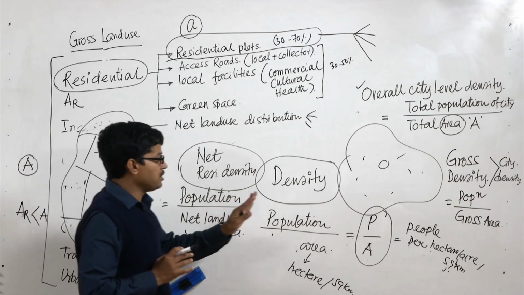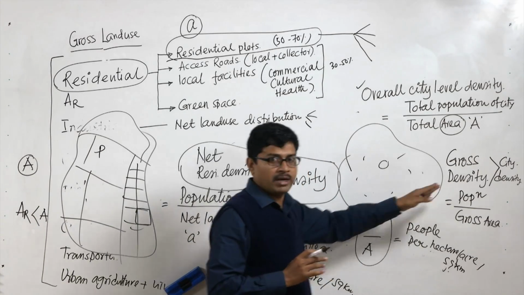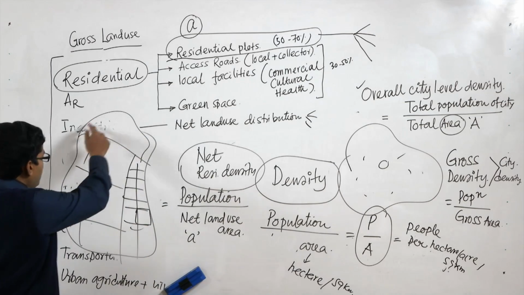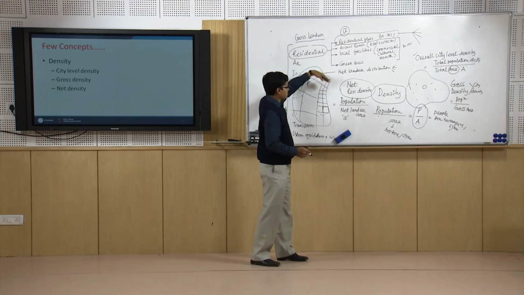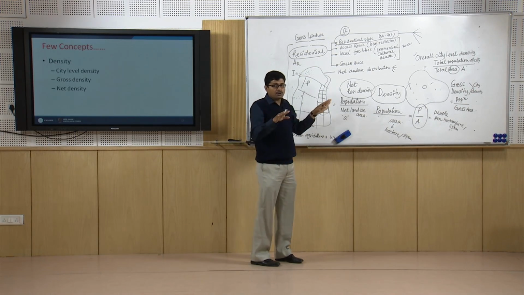Whereas the gross density gives us the mandate that overall, including the whole chunk of the residential plots, the access road, local facilities, and green space, we have to achieve the overall gross density.